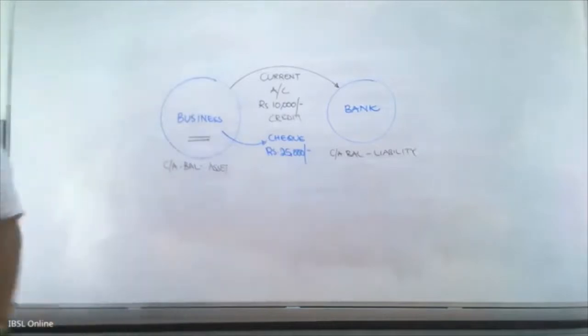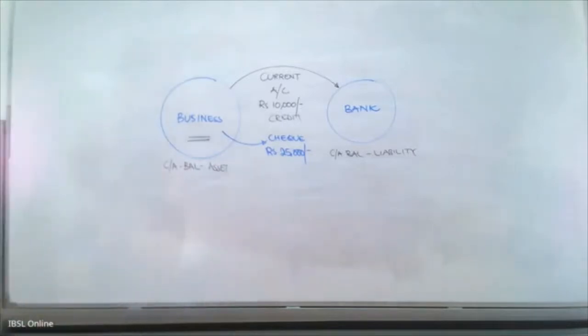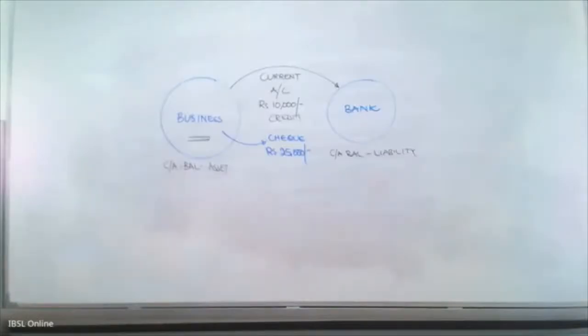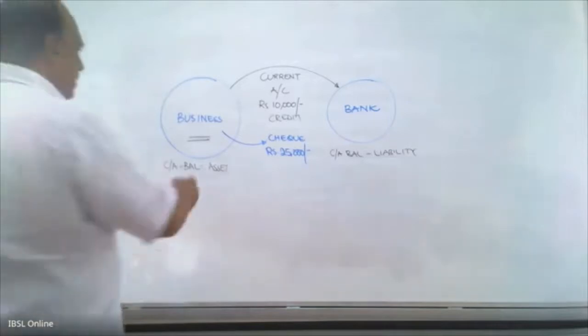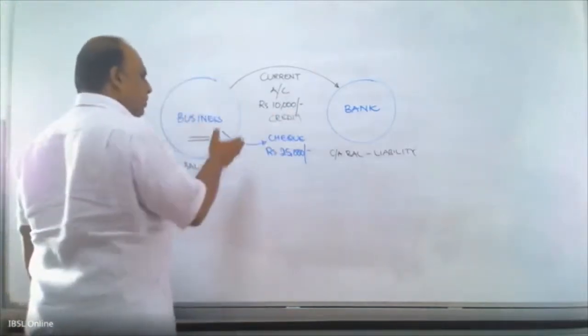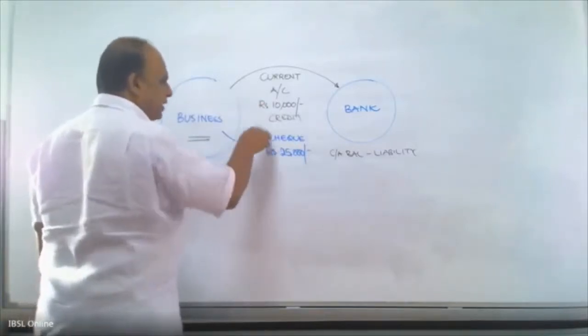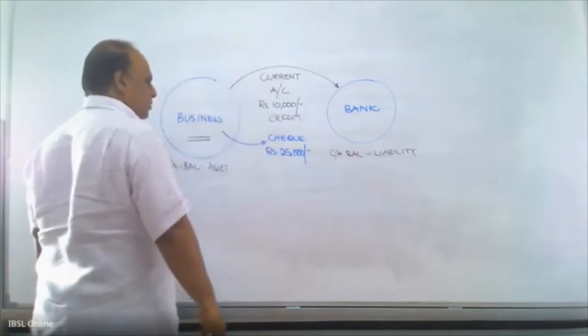Can you issue a check for 25,000? Yes, if they have an OD facility. So if the business has an arrangement with the bank, I might have only 10,000 rupees, but I can do transactions for more than that.